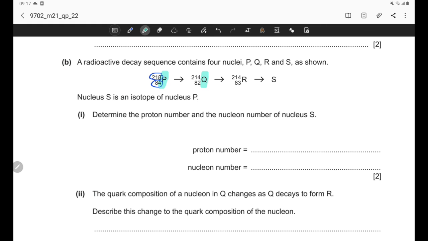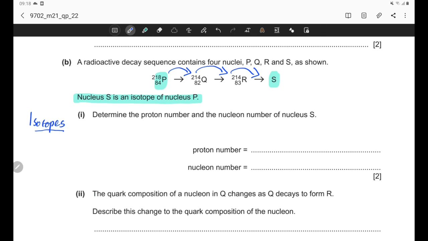It's named Q with an atomic number 82 and mass number 214. So like this, there are 4 nuclei present due to the decay process, as we can see. Nucleus S is an isotope of nucleus P. So that is very important information.